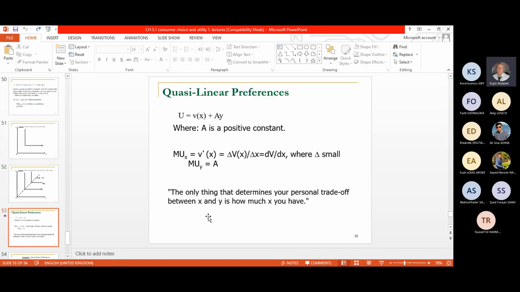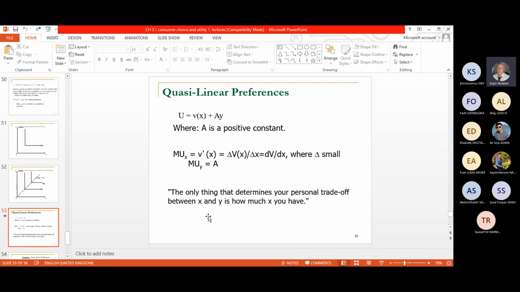Then quasi-linear preferences. As you see here, now we have a little bit nonlinear equation, v(x) plus ay, where a is a positive constant.